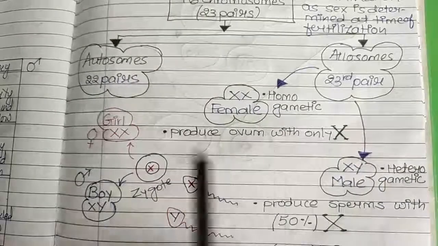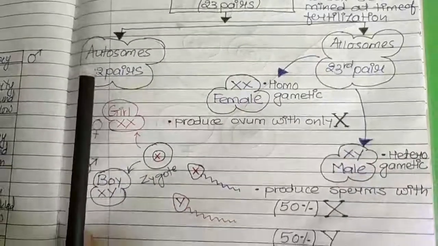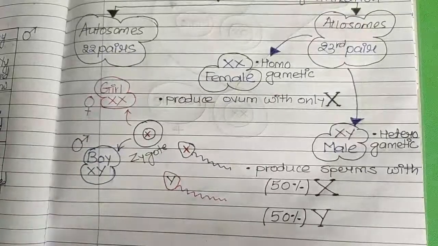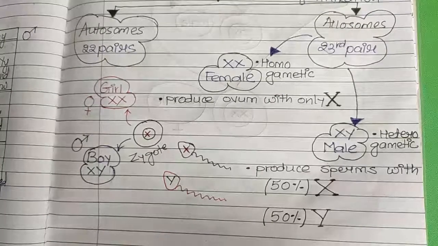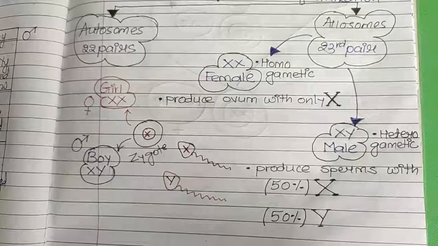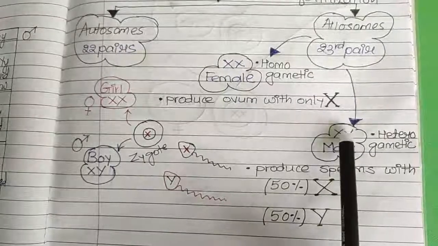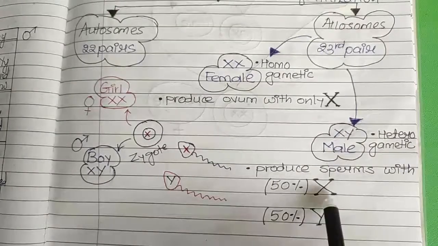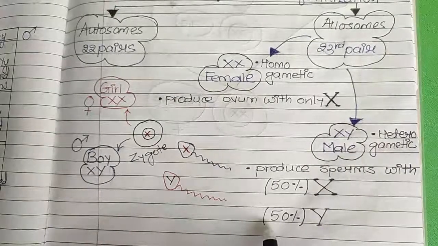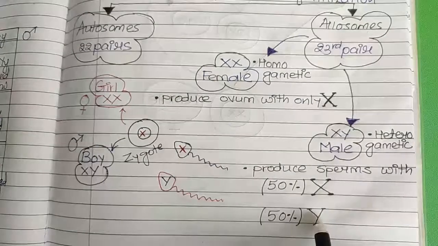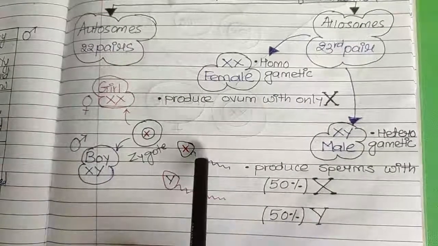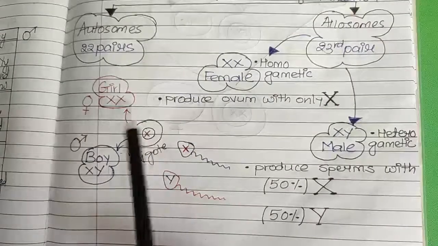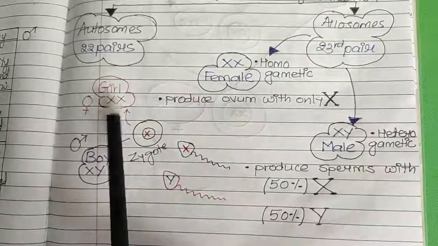So here the female produces gametes only with the X chromosome. 100% of the female gametes contain only one type of chromosome, that is X. And the male produces 50% of sperms containing the X chromosome and the other 50% containing the Y chromosome. If an X chromosome containing sperm fertilizes the egg, then there will be a girl.